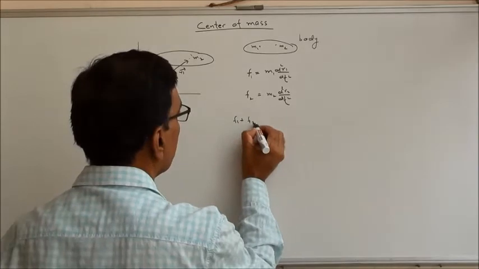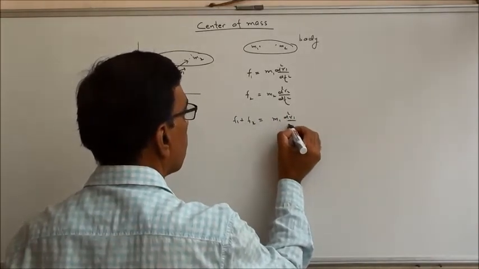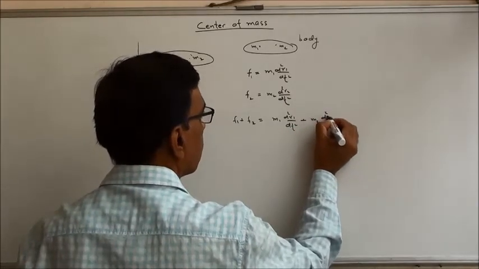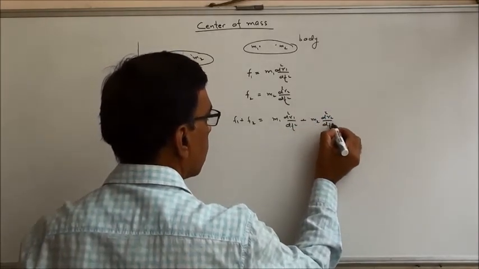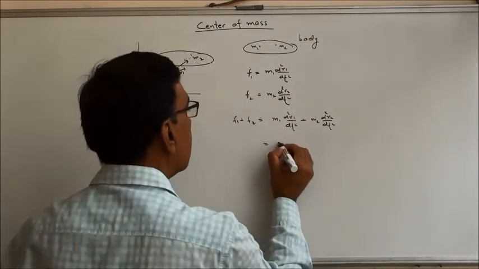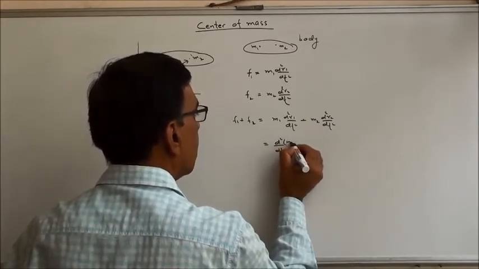F1 plus F2 is m1 d2r1 by dt2 plus m2 d2r2 by dt2. Mass is constant, so I can take it inside the derivative sign. It can be written like this.